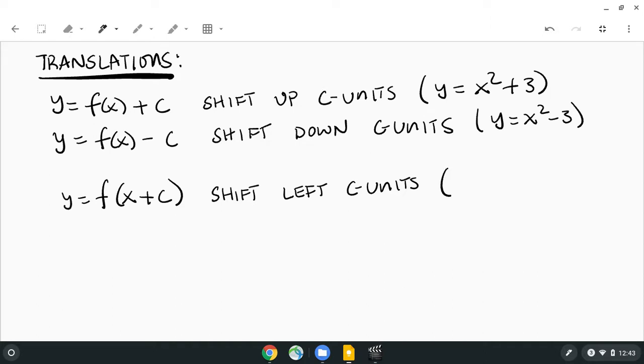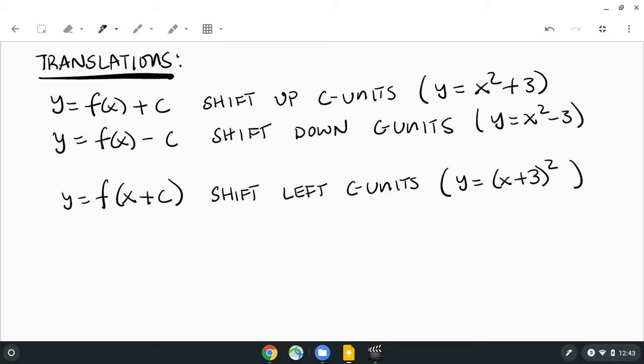So up here in these 2 examples, we see a number that's being added or subtracted outside of the x squared function. So here, the number would be added or subtracted inside the function. So you would have something that looks like this. Instead of x squared, you have (x plus 3) squared.